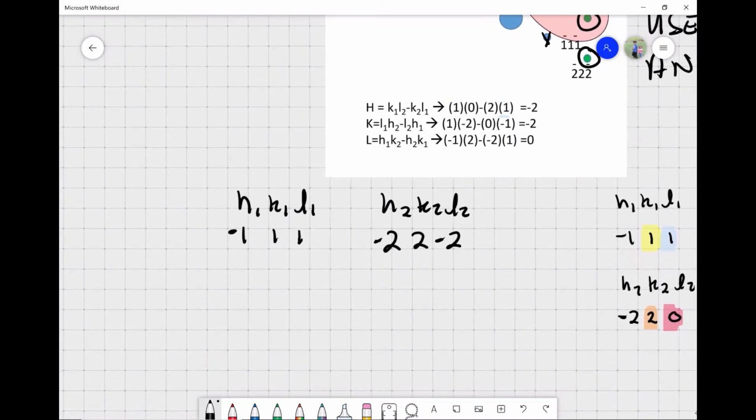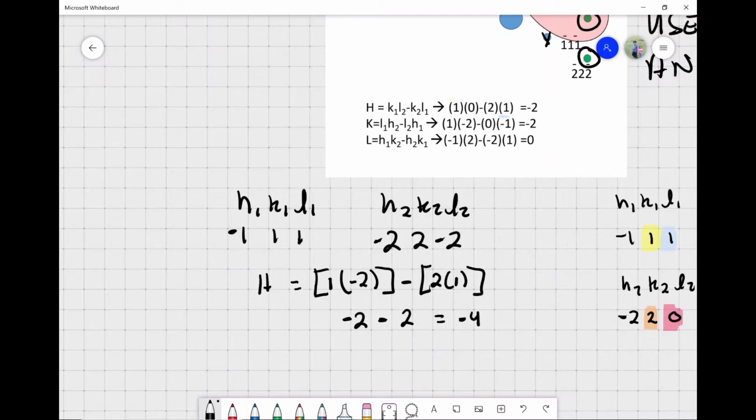And so we'll solve for H. K1, L2 equals, so K1 is 1 times L2, and that's negative 2, minus K2, L1. So K2 is 2, L1 is 1. So that's a negative 2 minus 2, and that equals negative 4.